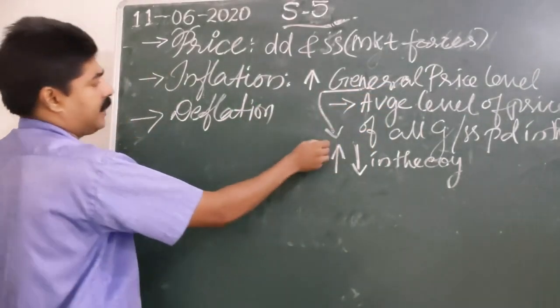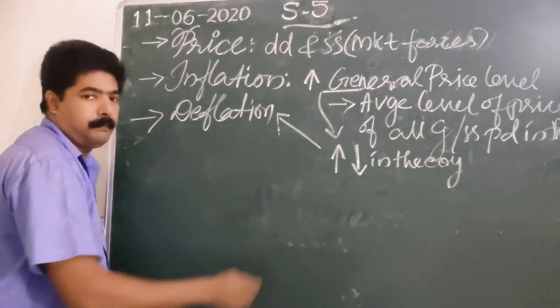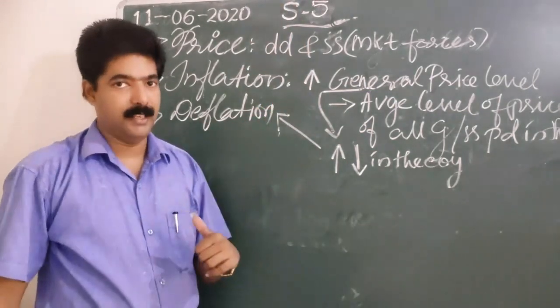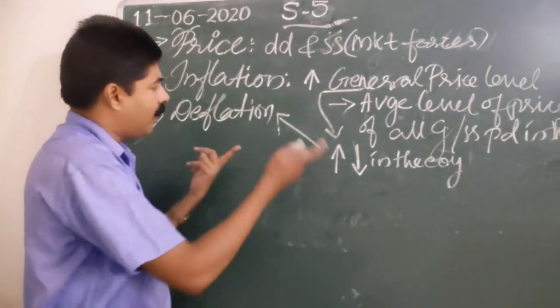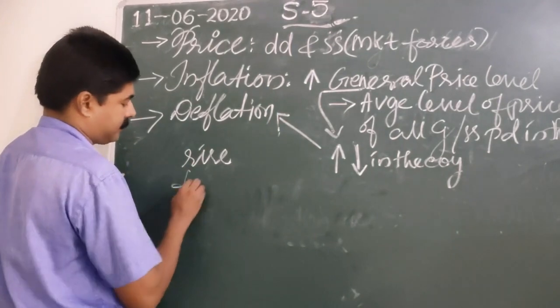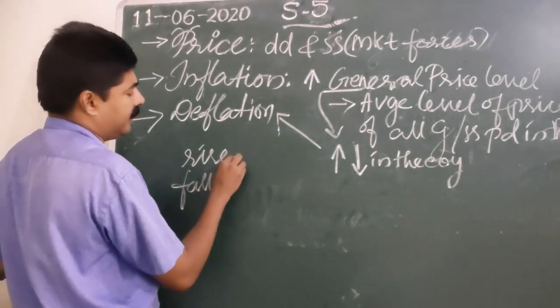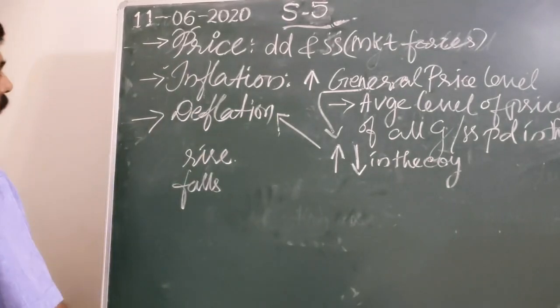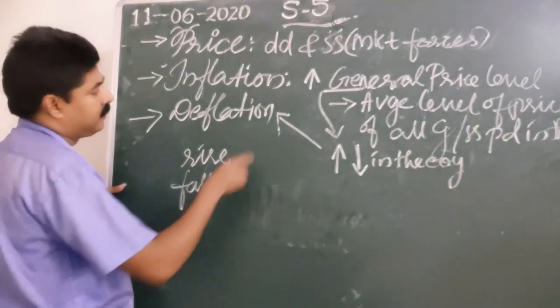It is the same thing, one is a fall, another is a rise. A rise in general price is known as inflation, and a fall in general price is known as deflation.